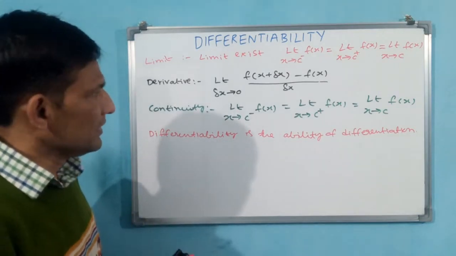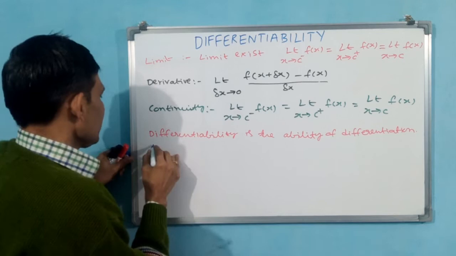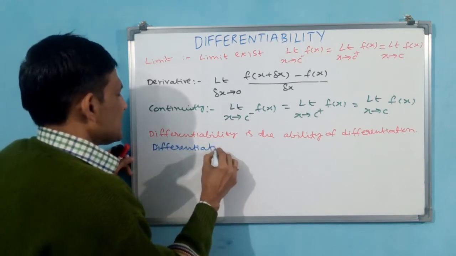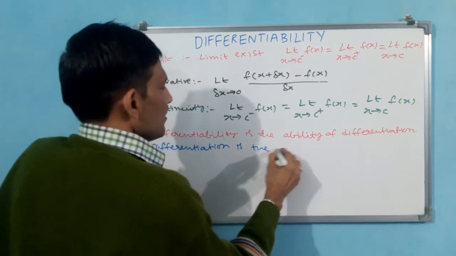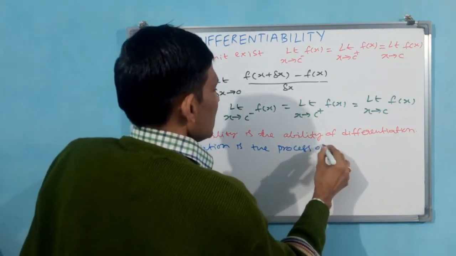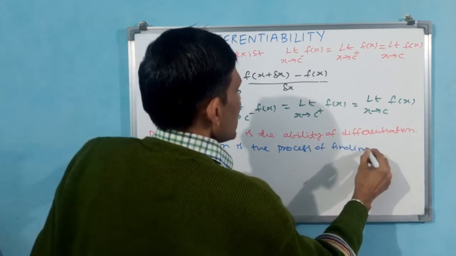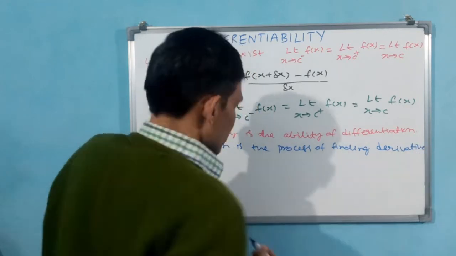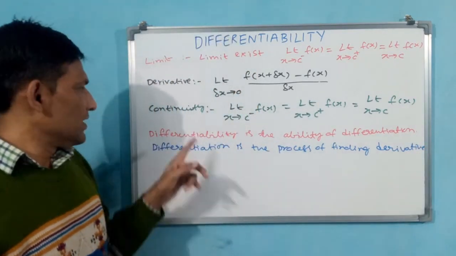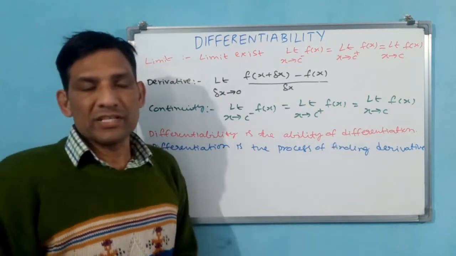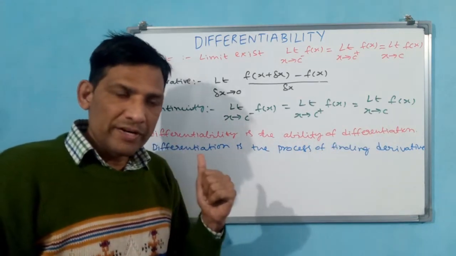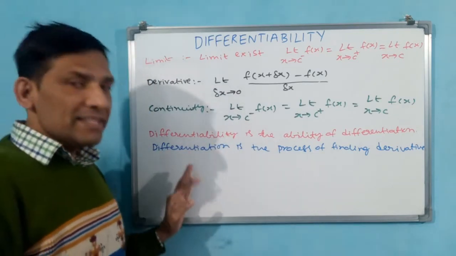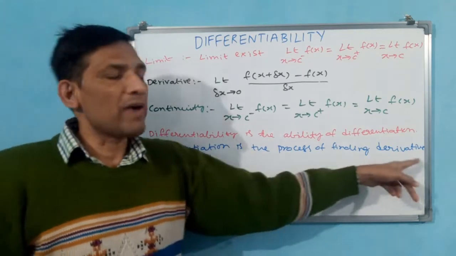That also I am writing, you see. Differentiation is the process of finding derivative. You understand now? See, differentiability is the ability of differentiation. Whether you can do differentiation or not, that is the differentiability. What is differentiation? Differentiation is the process of finding derivative.